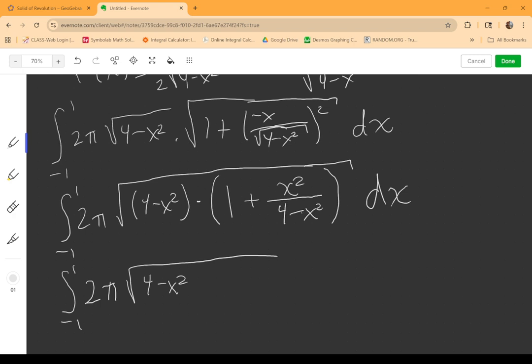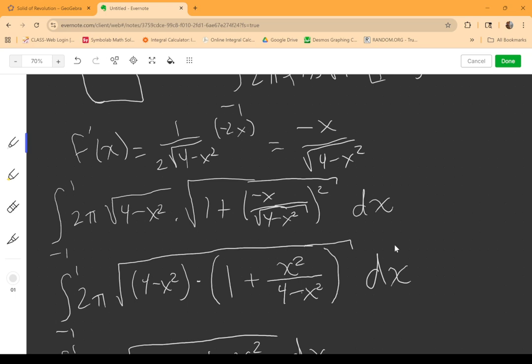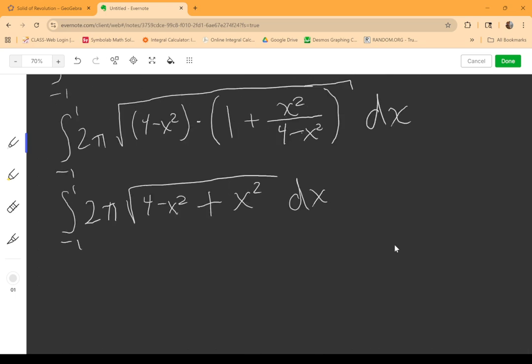One's in the numerator, one's in the denominator, so they reduce to 1, and I'm left with simply the numerator of x squared dx. And now here the x squareds cancel out, and we're simply left with root 4, but that's just 2. There's already a factor of 2 out there. So we get 4 pi dx.